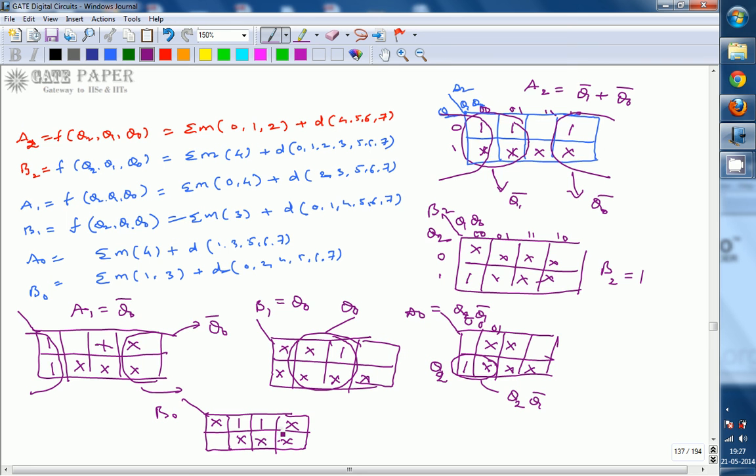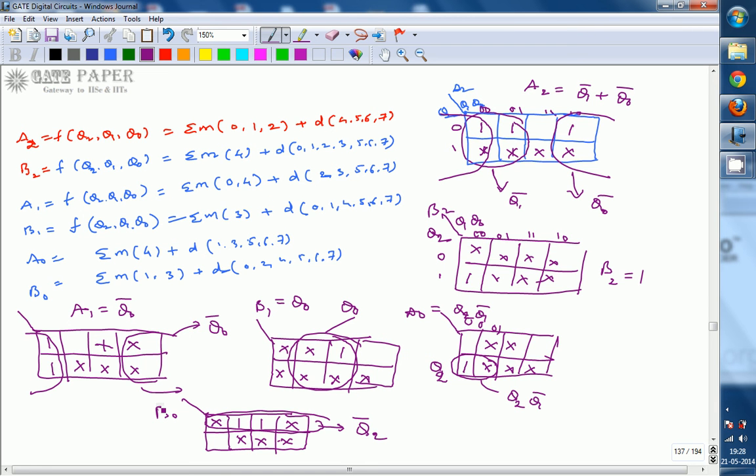This is nothing but Q2 bar. So b naught is equal to Q2 bar. So first of all, a2 is equal to Q1 bar plus Q naught bar. Next b2 is equal to 1, a1 is equal to Q naught bar, b1 is Q naught, a naught is equal to Q2 Q1 bar, and b naught is equal to Q2 bar.